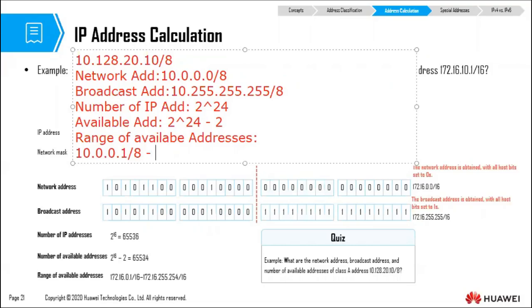All the way to 10.255.255.255/8. Which one? For the range, we said the very first address in this network that you can assign is .1.